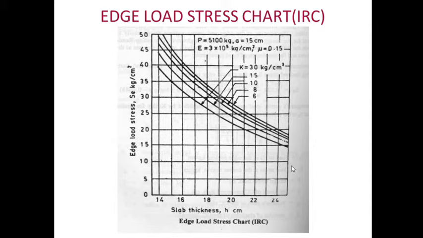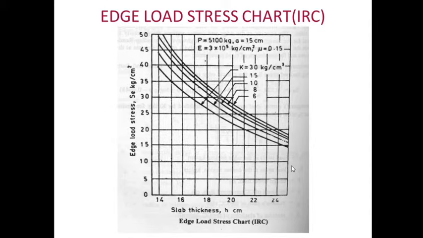So in our problem, the modulus of subgrade reaction K is 6 kg per centimeter cube, so we have to choose this graph. The 6 kg per centimeter cube graph can be used for finding edge load stresses.